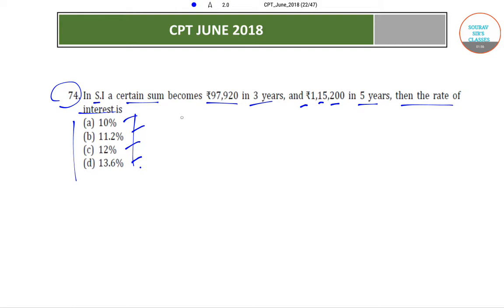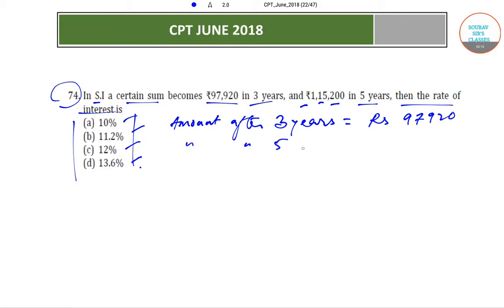So now we can say that amount after 3 years is equal to rupees 97,920, and amount after 5 years is equal to rupees 115,200.